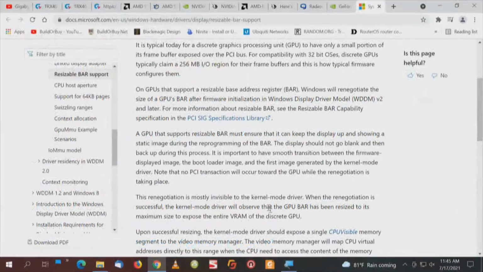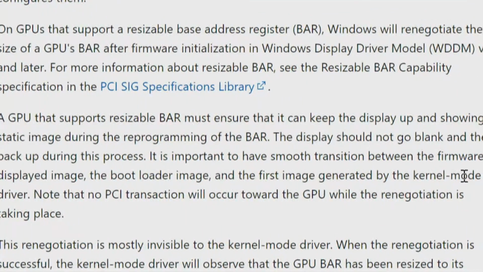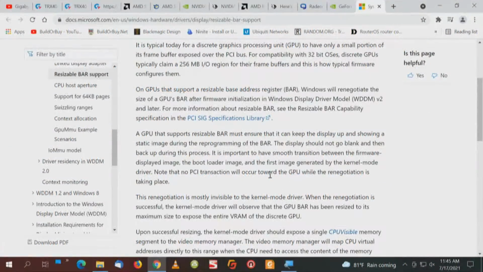Details matter. And what I like about this, from what Microsoft says, a GPU that supports resizable BAR must ensure that it can keep the display up and showing a static image during the reprogramming of the BAR. The display should not go blank and then back up during this process. It's important to have a smooth transition between firmware displayed images, the bootloader image, and the first image generated by the kernel mode driver. There's a lot going on.